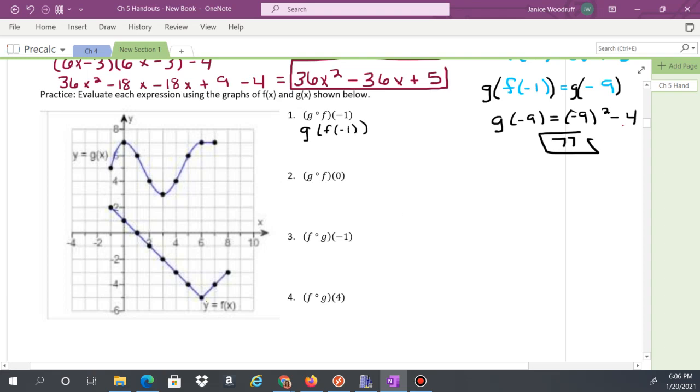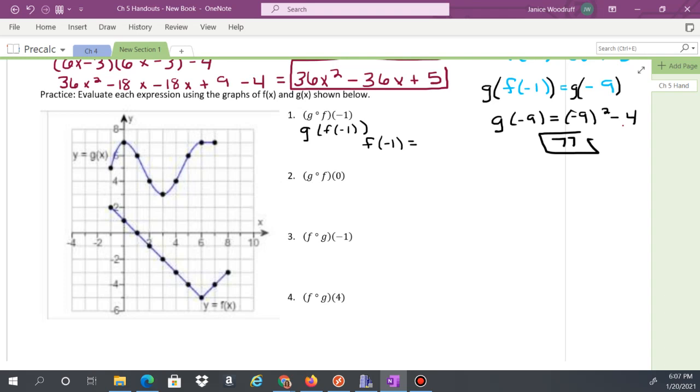So notice that this is your f of x graph, the bottom one. The top one is your g of x graph. So you're going to start at f of -1, meaning when x is -1 on the f graph, what is the output? So I go here and I look at it and I say, here's -1. That y value is 0.